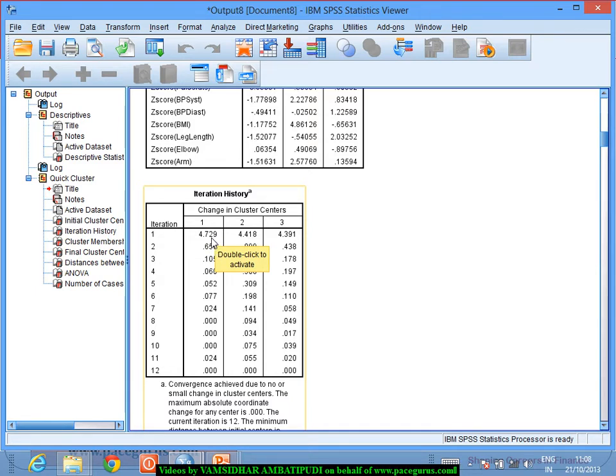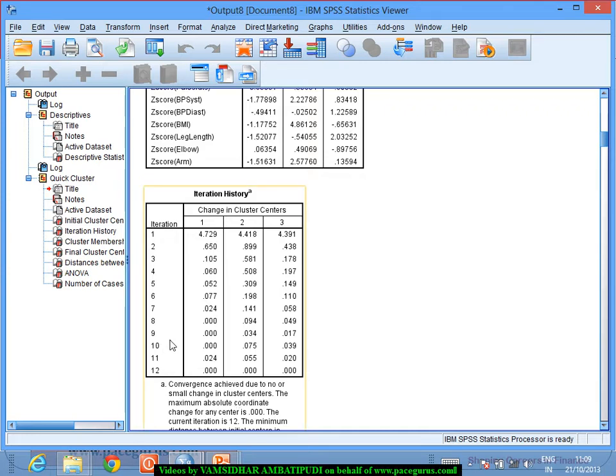At least in the first iteration, 4.7, 4.4, there is a big shift in the cluster centers. But the moment you reach the 6th or 7th or even the 10th, by the time you reach the 12th, it is completely converged. Not even a small change is occurring in the cluster center. So it has stopped the iterations by the 12th.